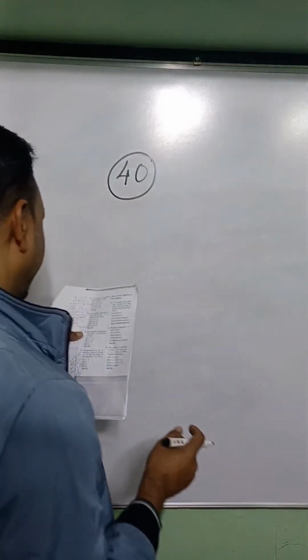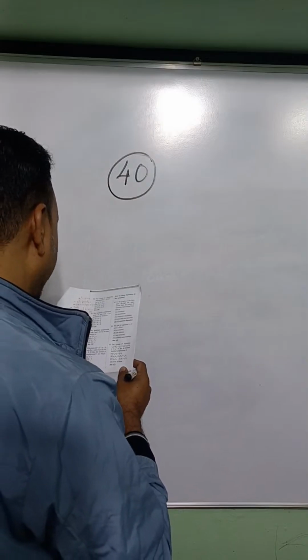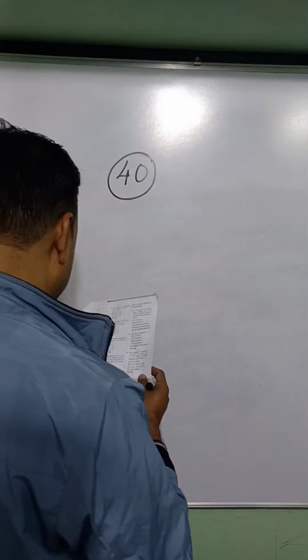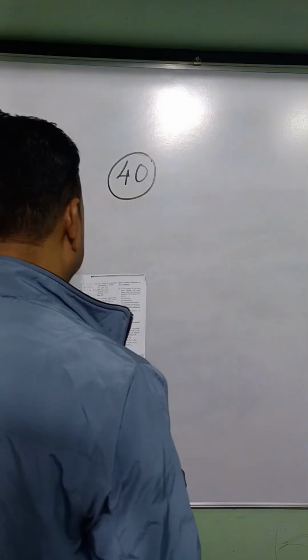Question number 40. The quadratic polynomial with 0 and minus 1 by 7 as the two zeros. Here zeros are given.